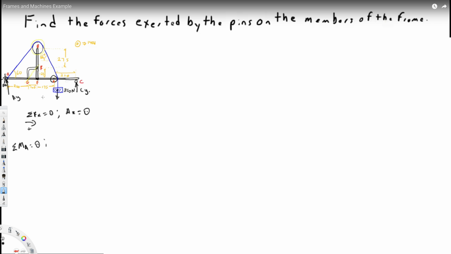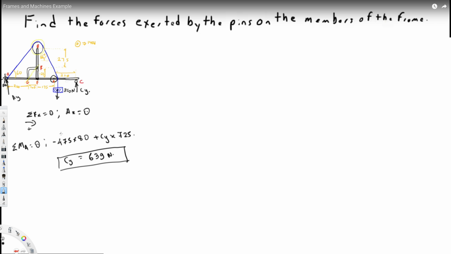So minus 475 times 850, then CY is pushing this object counterclockwise, so it's going to be plus CY times 475 plus 50, which is 525, no, 725. So this is going to be 725, and if I calculate, CY comes out to be 639 kilonewton. So this is my CY.